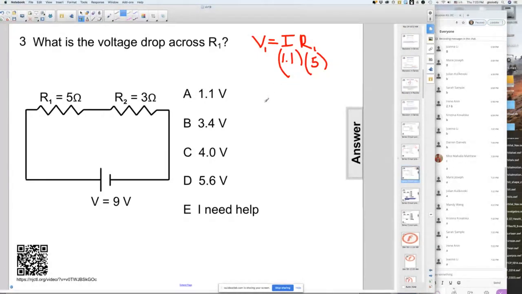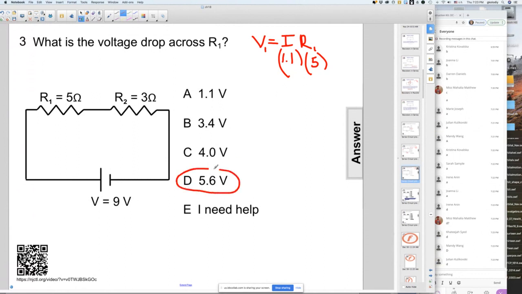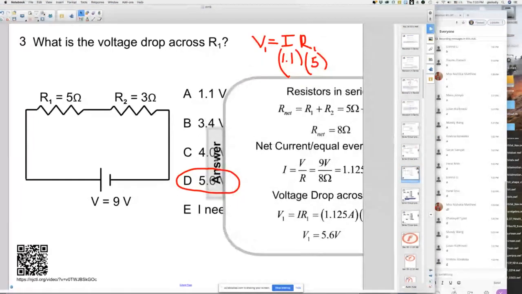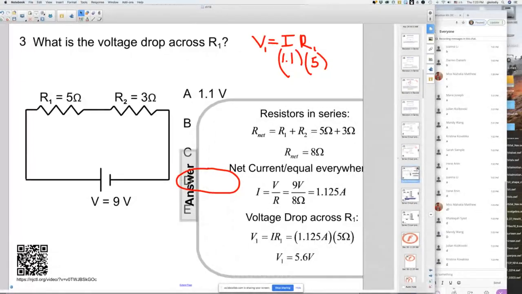What's 1.1 times 5? The closest number here is 5.6. You can see the whole problem here: the net resistance was 8, the current was 1.125, and the voltage across the first resistor was I times R1, 5.6 volts.